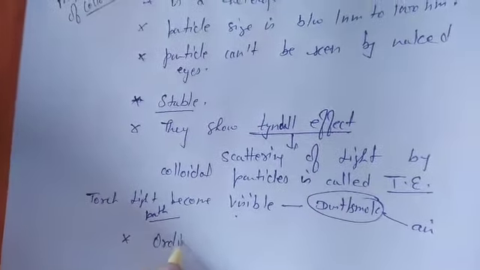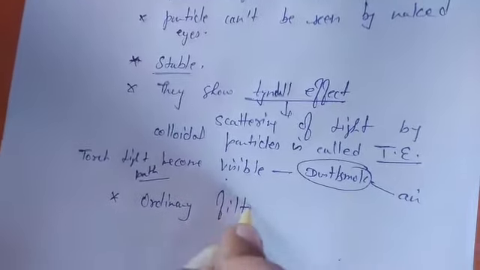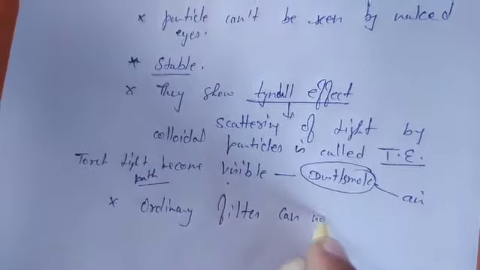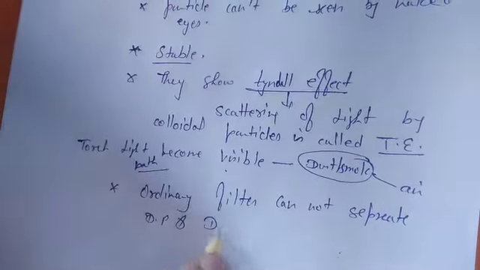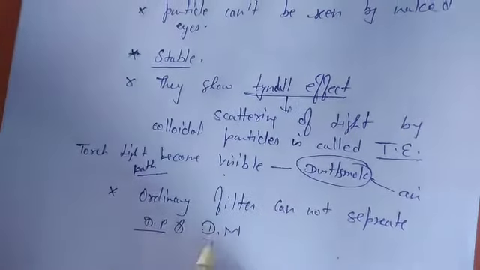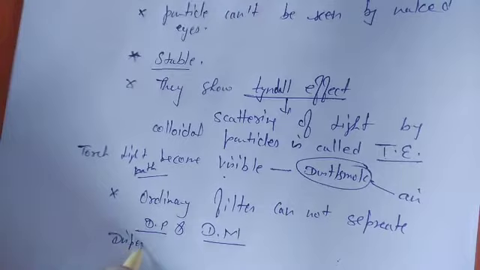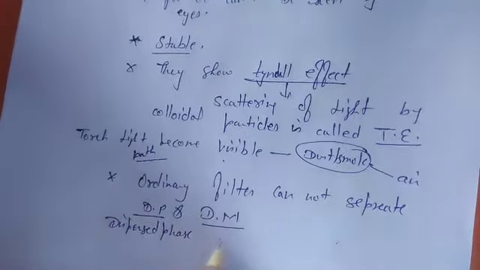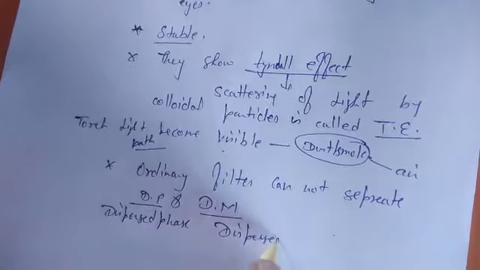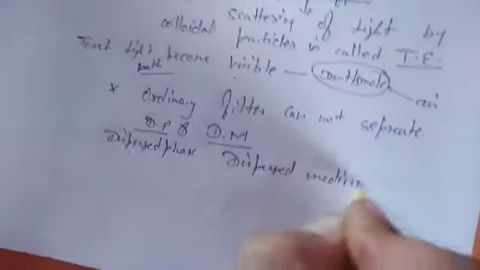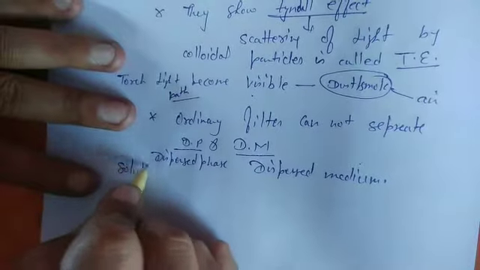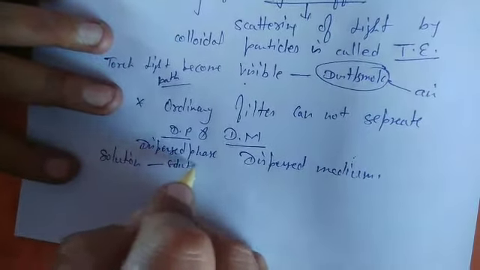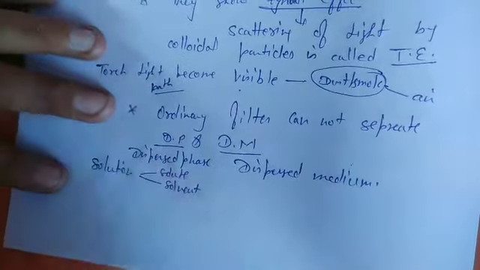An ordinary filter cannot separate the dispersed phase and dispersed medium. I am writing down dispersed phase and dispersed medium. These are two strange words you are looking at, but it is quite simple. In a solution there are two components, one known as solute and one known as solvent, whose definitions we have already done.